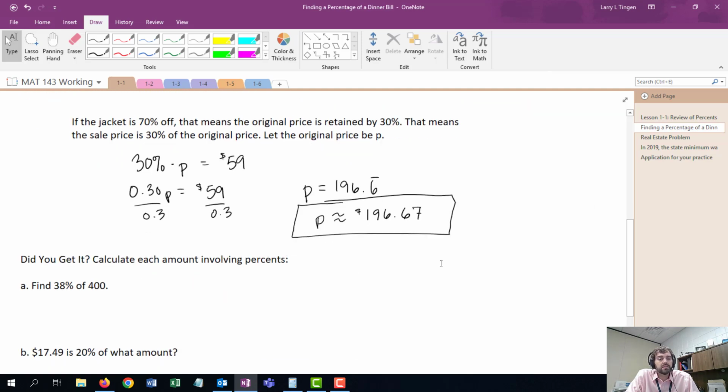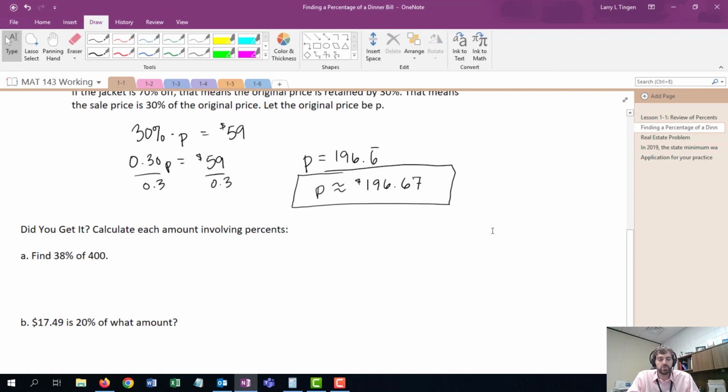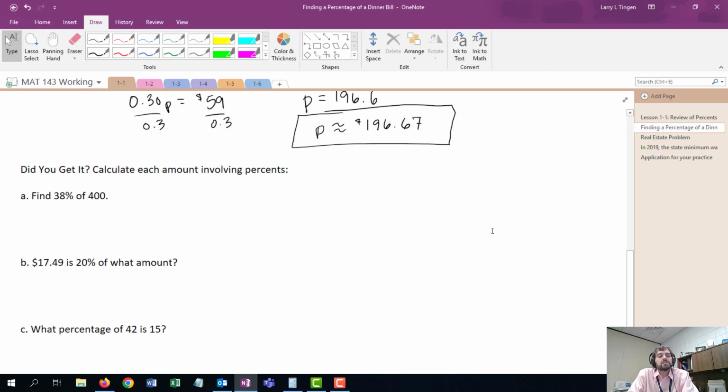So next, we got some Did You Get It's. These are from the textbook as well, so if you're following along in there, it's a great resource. So we're going to calculate the percents for each. Find 38% of 400, right? Just translate words into math. 38% of 400.